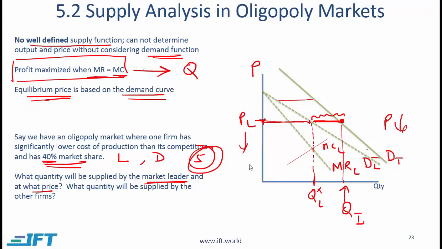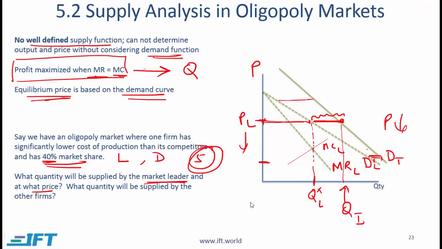So as prices start decreasing, the market share of the leader keeps increasing. And that is reflected by the fact that the difference at this low price between the demand fulfilled by the leader and the overall demand becomes less and less. And again, that is because smaller, less competitive firms or firms with higher cost structures exit the industry, and most of the industry demand then is picked up by the leader.